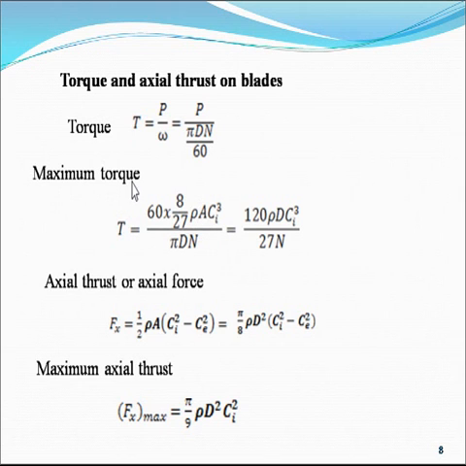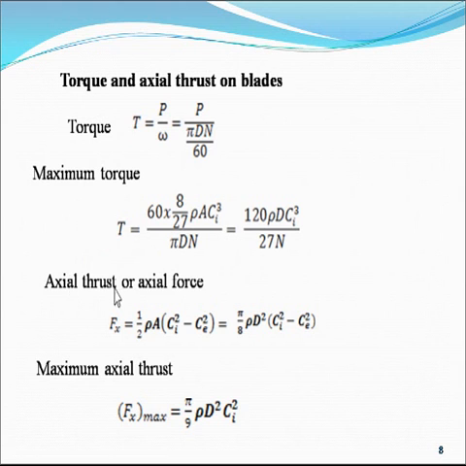So the maximum torque acting on the rotor of the wind turbine, T, is equal to maximum power upon omega, pi D N by 60. By simplifying, 120 rho D Ci cube upon 27 N gives the maximum torque acting on the wind rotor.